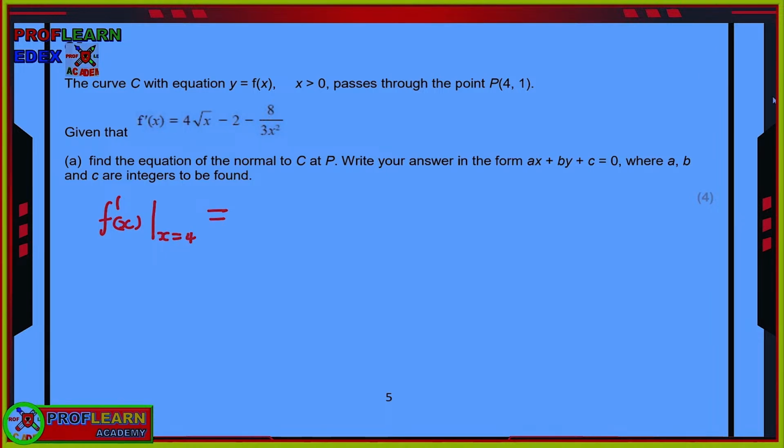So we evaluate f prime of x at x equals 4, meaning anywhere we have x, we substitute 4. Then we simplify that, and we get the gradient of the function at that point to be 1. So once we have the gradient of the function, we know that we are told to find the equation of the normal.